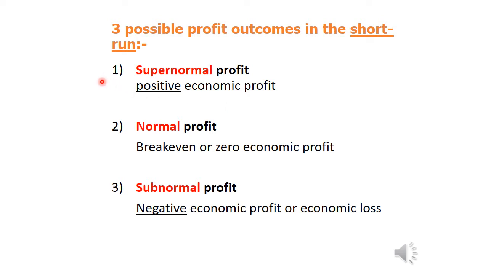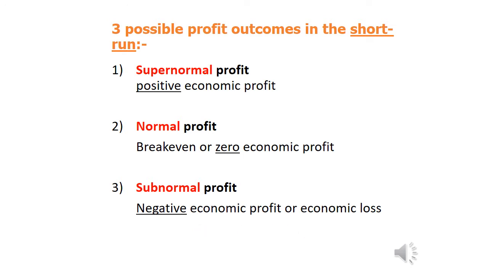Supernormal or positive economic profit, both of these are used interchangeably. Normal profit is when the firm breaks even, or we call this zero economic profit. When the firm makes a loss, loses money, it becomes subnormal profit. We call this negative economic profit or economic loss.